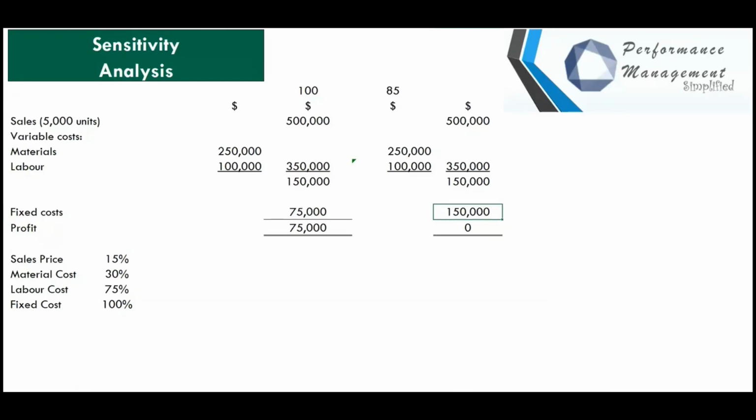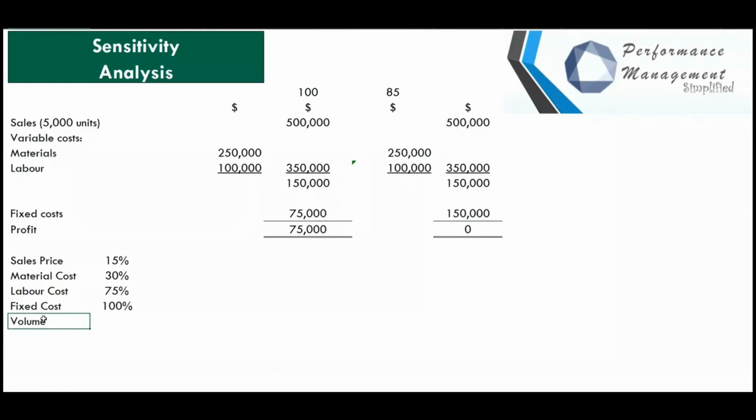We can also check for the volume. Volume actually impacts more than one item in this profit statement. It affects the sales, it affects the materials, and it affects labor as well. So all variable costs and the sales are impacted by volume.